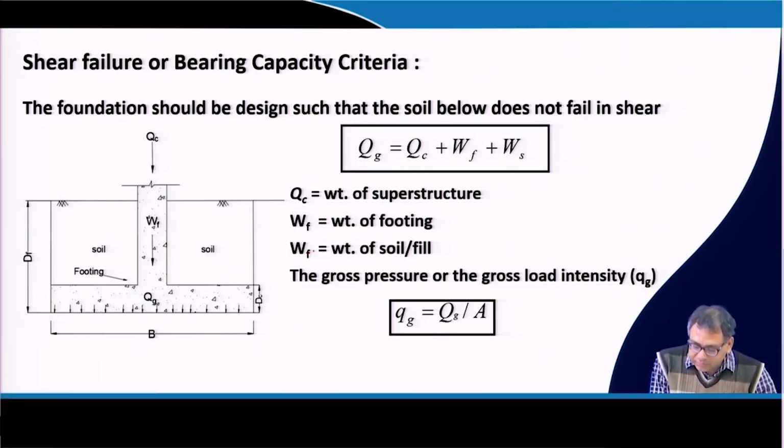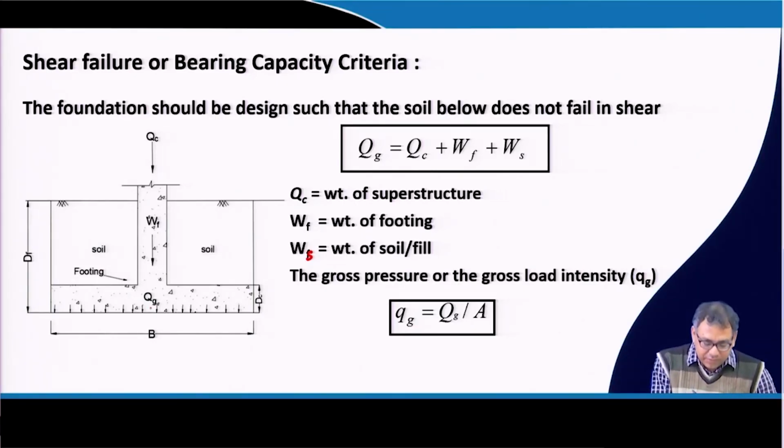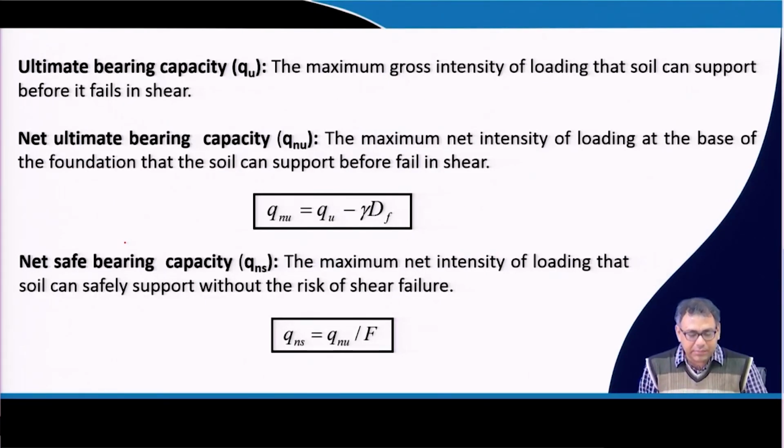So, this field soil load, the foundation along with the column, and the total load coming to the column from the superstructure, Qc, the foundation load and the soil load, the total load divided by the area of the foundation, is called the gross load intensity.